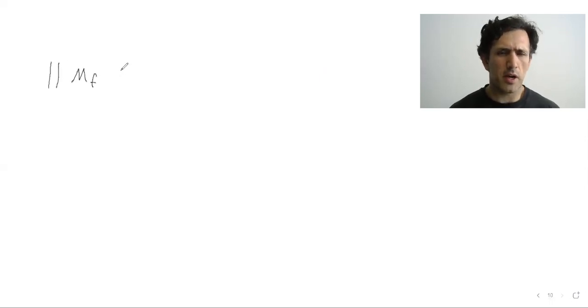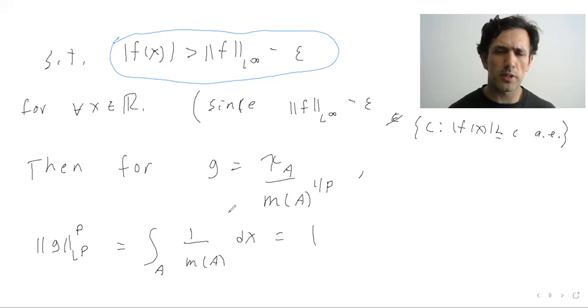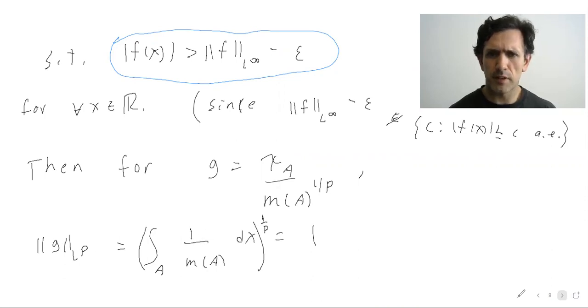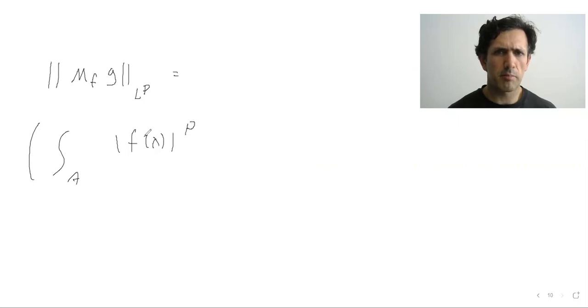And let's figure out what this is. Well, it's basically the same thing as this, except stick in an f. So this is going to be equal to the integral of f of x to the p in modulus over the measure of A, to the 1 over p.